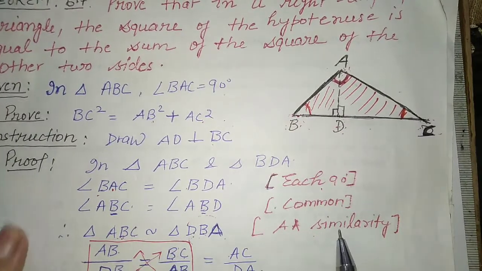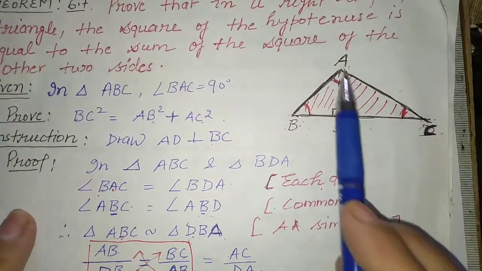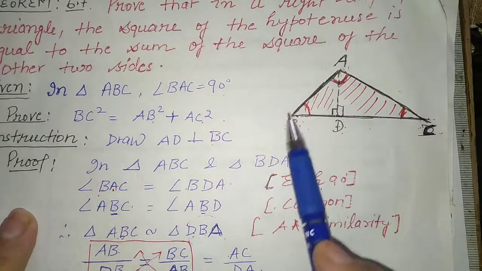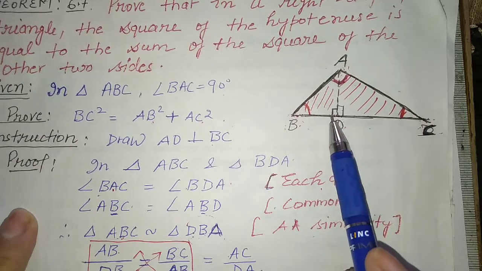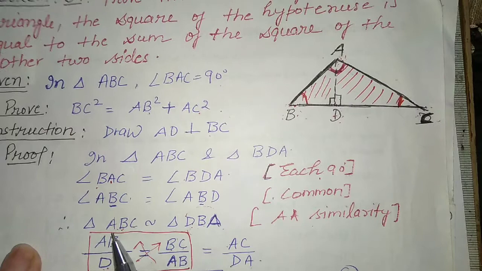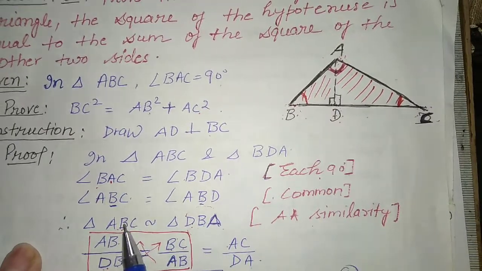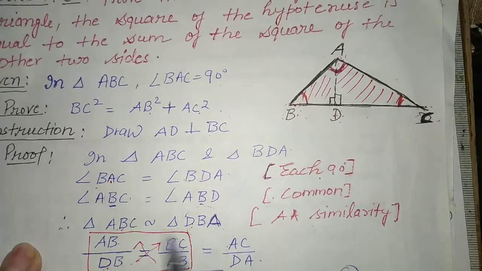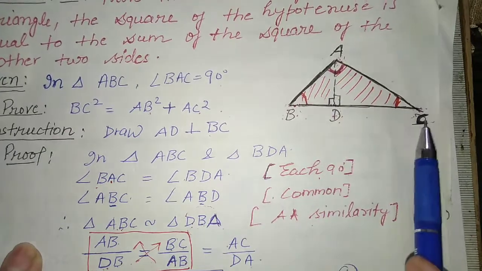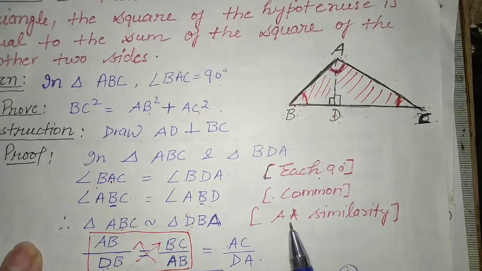So by AA similarity we can say that ABC, where the 90 degree vertex we have taken first as A. So for the triangle BAD we will write the 90 degree vertex, that is D, because the naming should be correct. A is 90, this side D is 90. B is common in both, so B in the second place and the remaining vertex at the last. So triangle ABC is similar to triangle DBA by AA similarity.